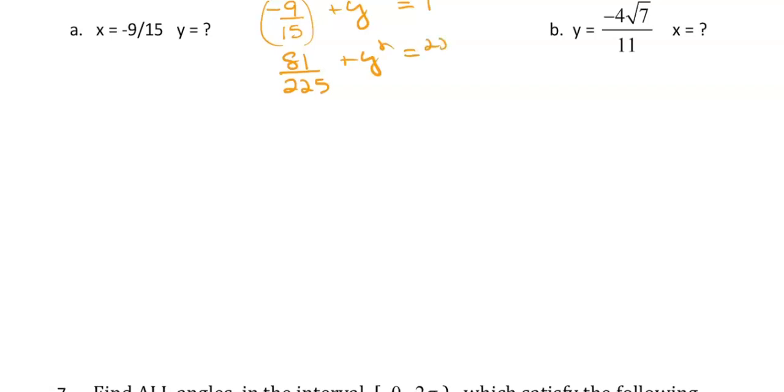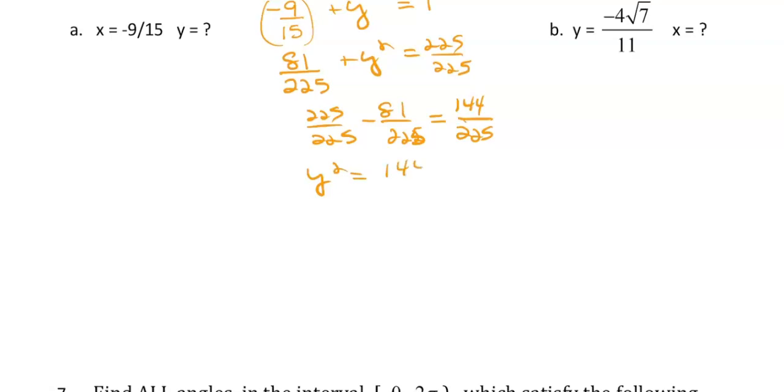I'm going to put this in 225ths as well. Okay, so do that subtraction. So 225 over 225 minus 81 over 225, and that's going to give me 144 over 225.